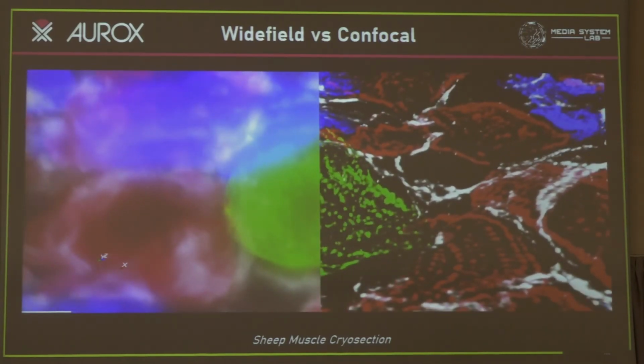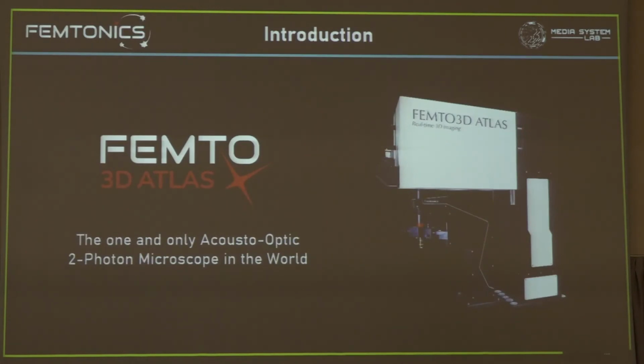Okay, so actually my presentation is concluded. As Media System Lab we also have a third microscope, but it is a 2-photon microscope. Since we are not really at a neuroscience conference and it is a very complicated technology, I decided not to present it. However, if you're interested, we also have Femtonics. Femtonics is a Hungarian company that produces Femto 3D Atlas.